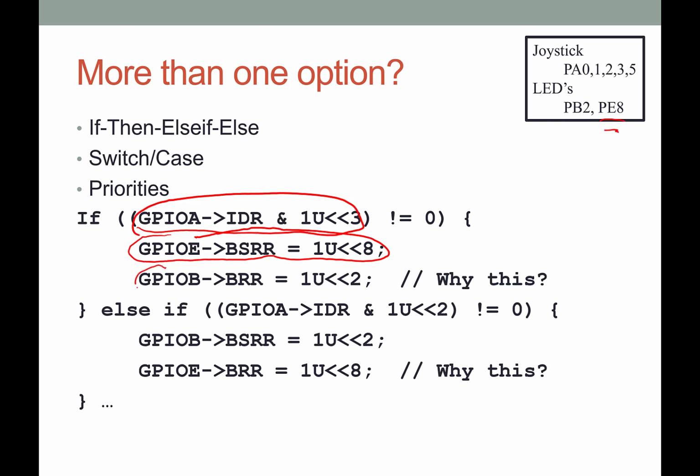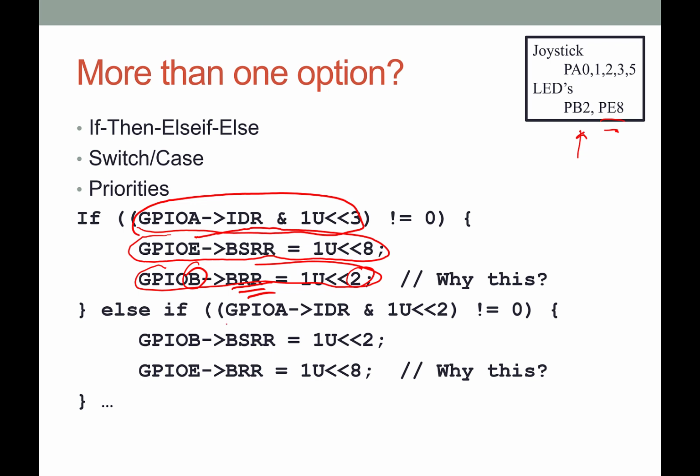Well, what's this one doing? This is B2, right? Because we're shifting 2 and we're on port B. Oh, we're turning that off. Looks like by the BRR register. What is going on here? So that's pressing up, turning on this one, turning off that one.